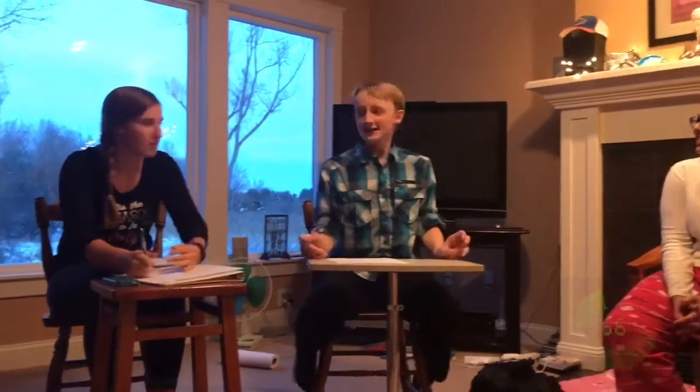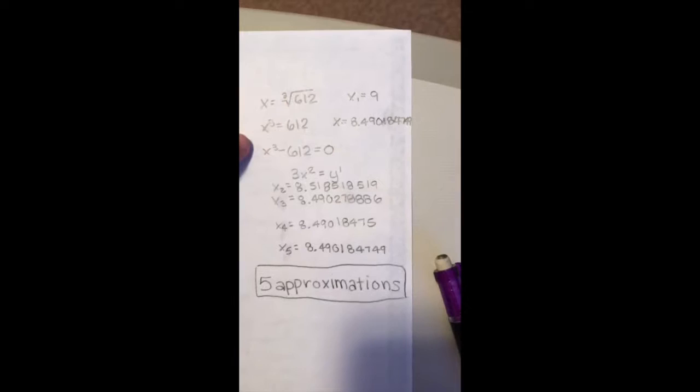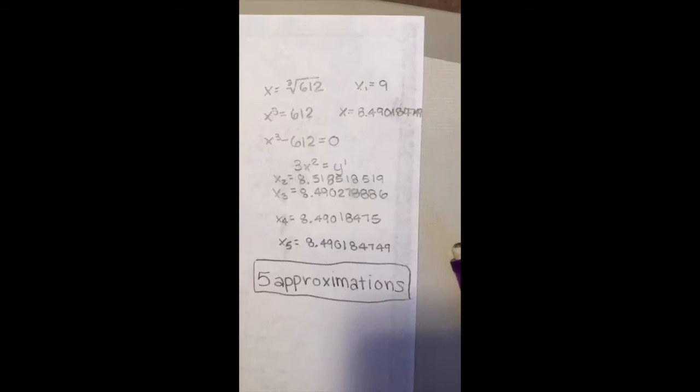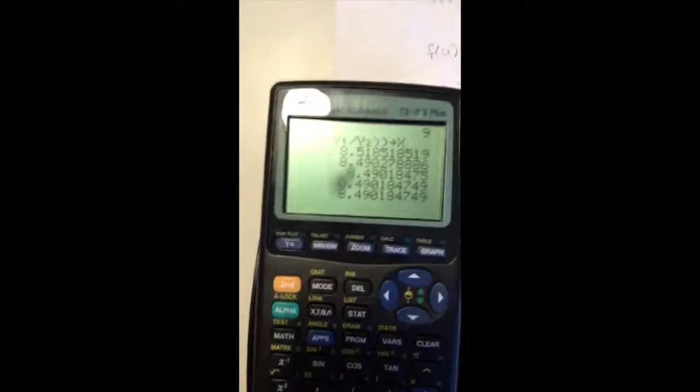Done. What? All right, let's see what you've got here. Check out and see what you've done here. So first, I see you've cubed both sides and subtracted 612. And then you found the derivative, and then you plugged it in to your calculator.